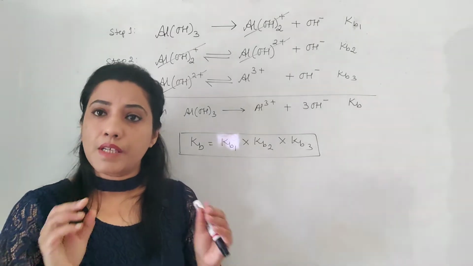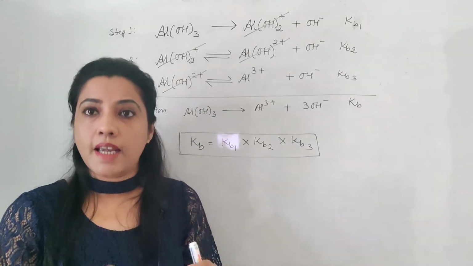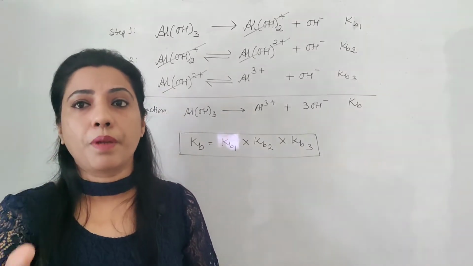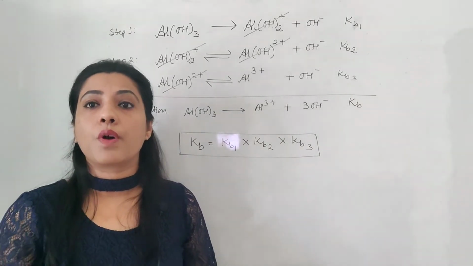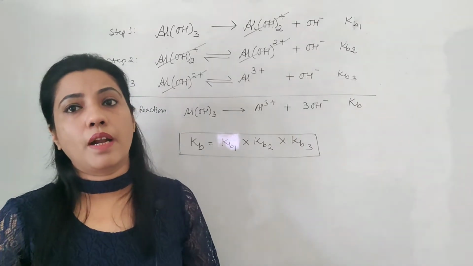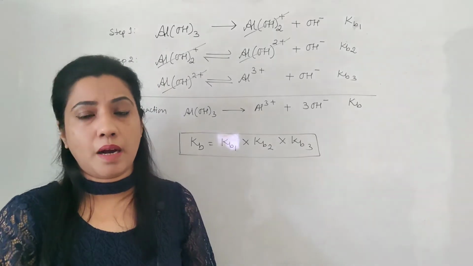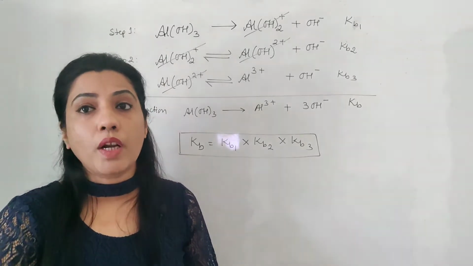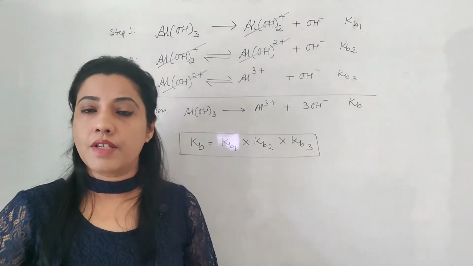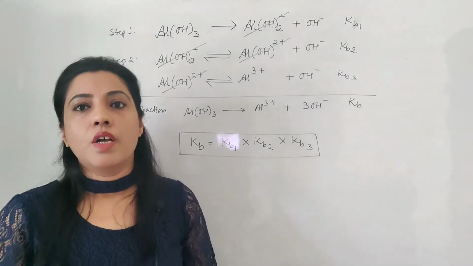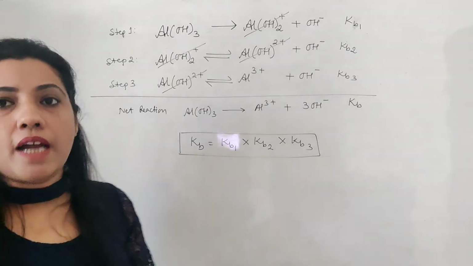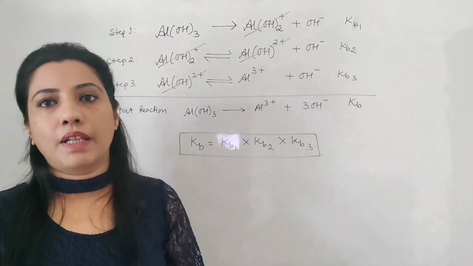So all of these have the same expression as an equilibrium constant, that is the product of the concentrations of the products divided by the product of the concentrations of the reactants. Only thing is that for different species, we have given different names: dissociation constant for ionic compounds, ionization constants for polar covalent compounds, ionization constant for acids, ionization constant for bases, and so on. So this is the concept of ionization constant, dissociation constant, Ostwald dilution law, the numericals involved in that.